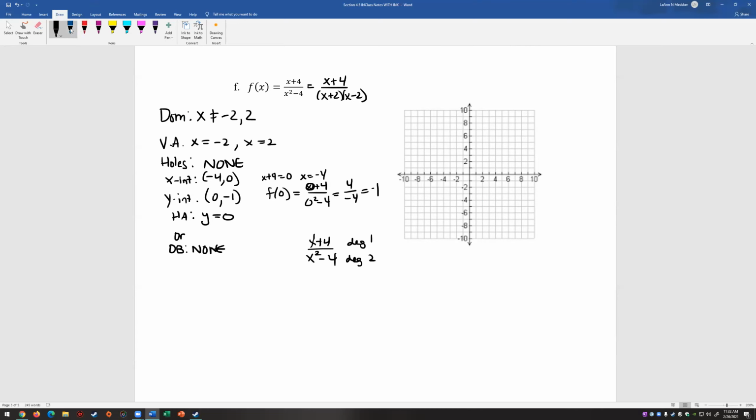So let's do our vertical asymptotes in red and our horizontal asymptote in blue like we've been doing. So at -2, we have a vertical asymptote. And at +2.